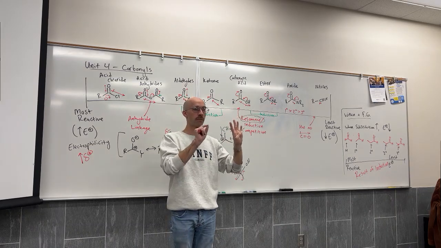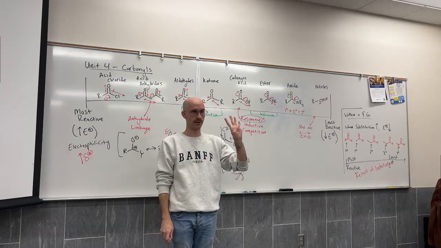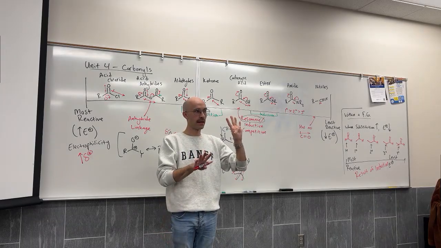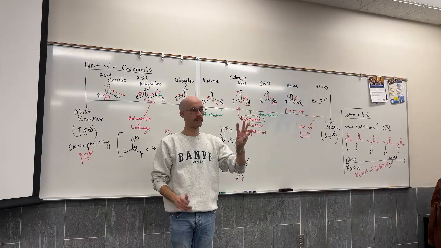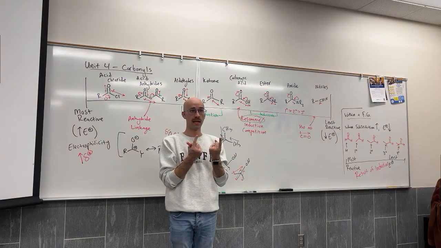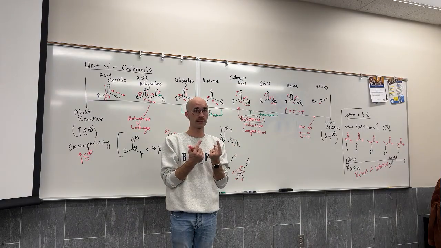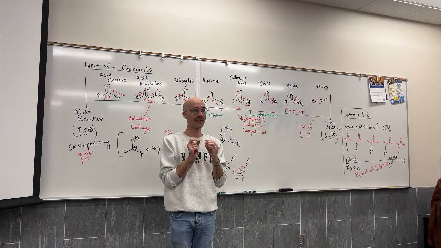I want you to pick 4 of those compounds. And then think about what order they're going to go in. And then I'm going to have you pair up. And you're going to swap compounds and rank the other person's choice.